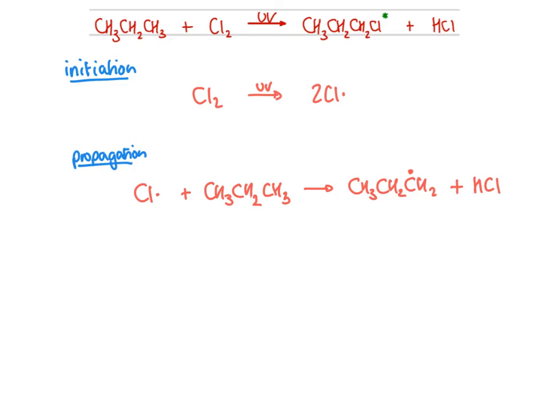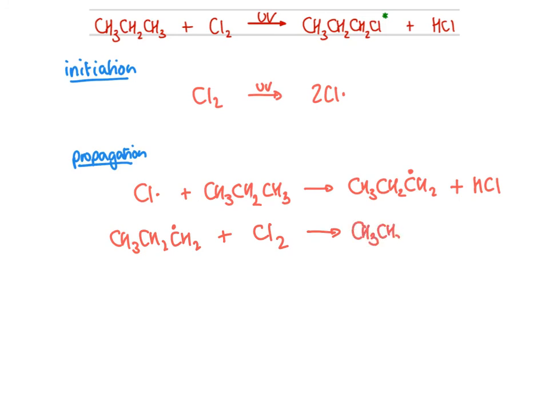Whatever free radical I have produced in the first propagation equation has to feature in the second. So I'm drawing my propyl free radical again, and making sure that it's clear where the unpaired electron is, so on that final carbon. It's reacting with chlorine. So then the propyl free radical takes one of the chlorine atoms.